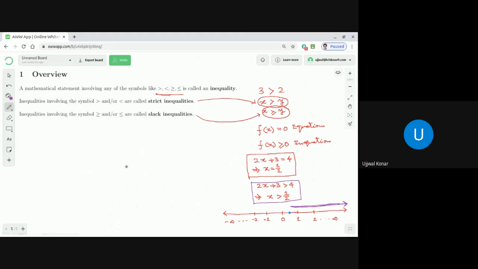I hope all of you are able to view the screen, dear students. Yes, sir. Following are some important properties of inequalities that I'm going to discuss now.